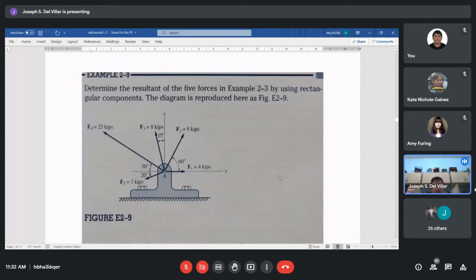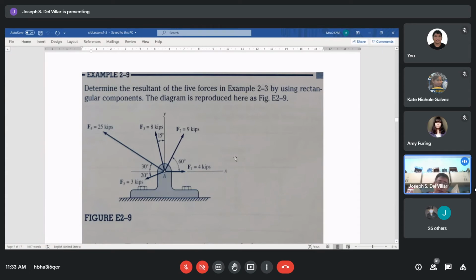Okay, another example is determine the resultant of the 5 forces. So if you are given 5 forces, then the best thing to do is tabulate the results. Make a table with 3 columns. Okay? And the number of rows is always equal to the number of forces plus 2.